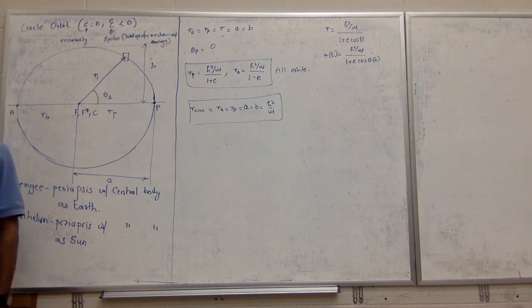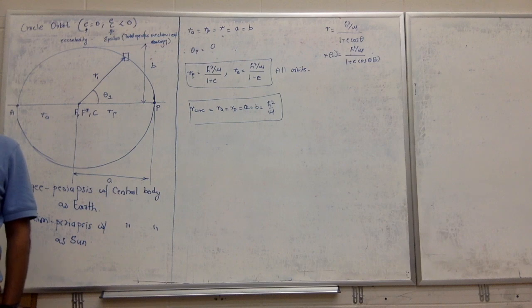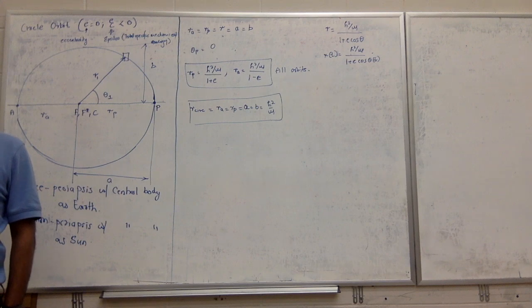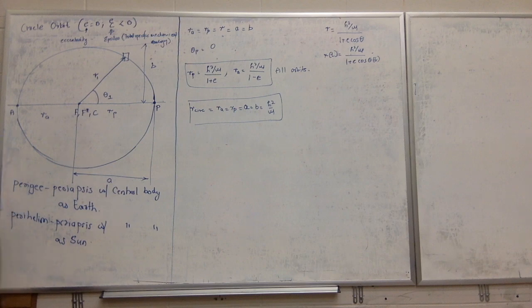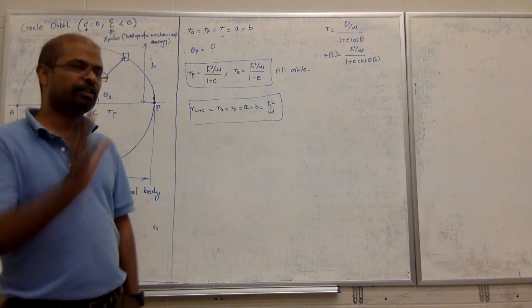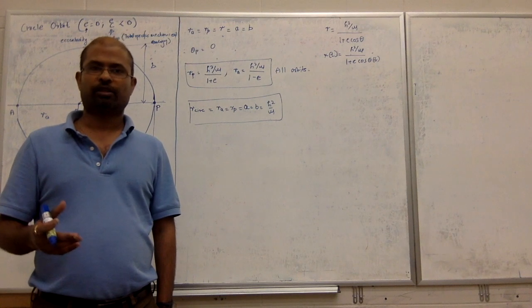Eccentricity is a ratio, and all ratios are mathematical. Like, is Reynolds number a mathematical quantity or a physical quantity? It has its physical interpretation, but it is a strictly mathematical quantity.